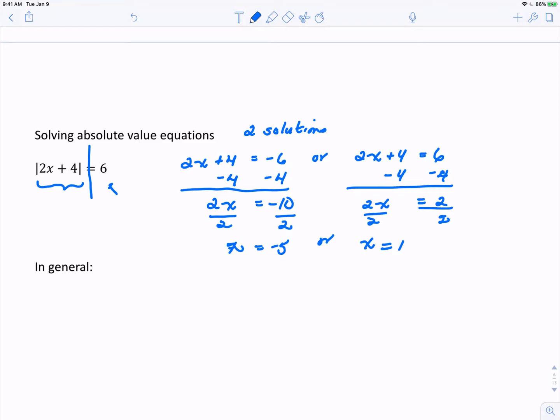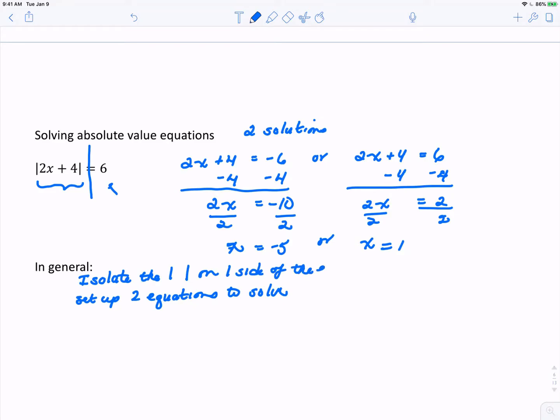In general, we're going to set up two equations to solve, after we first isolate, or in other words, get by itself, the absolute value sign on one side of the equation. And then once you have your two equations set up, you just solve, and that's all you have to do.